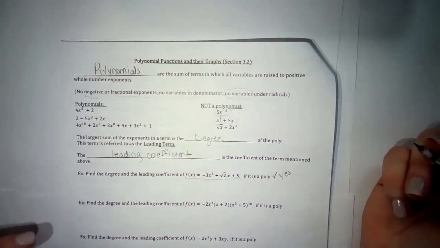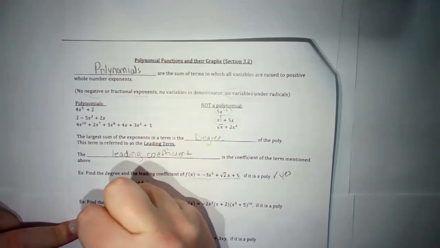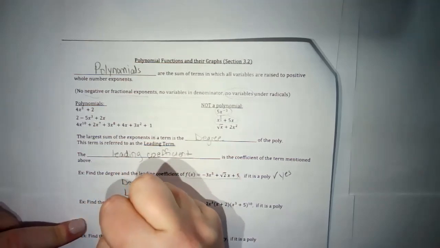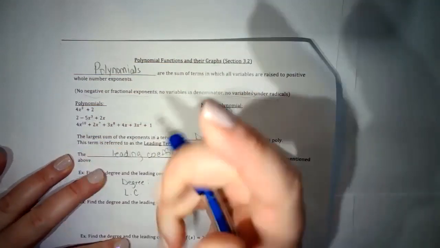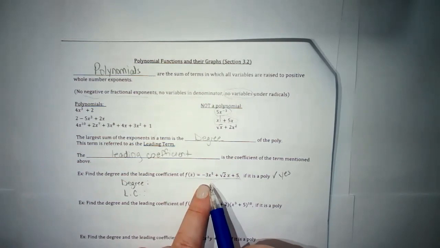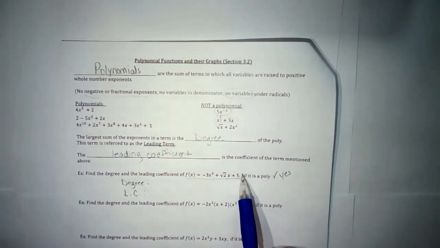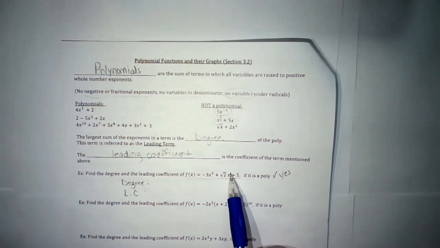All right, then we want to know, what is the degree and what is the leading coefficient? Okay, degree is 5. Let's look at that. So all we did is we looked for the largest sum of exponents in a single term. So he doesn't even have any exponents, right? He has an exponent of 1.